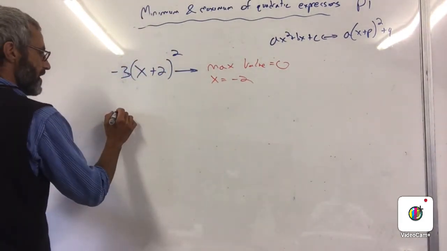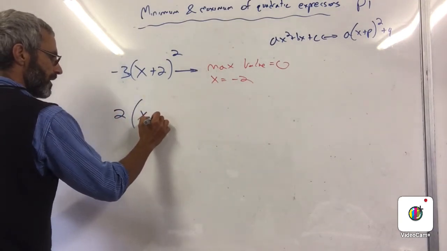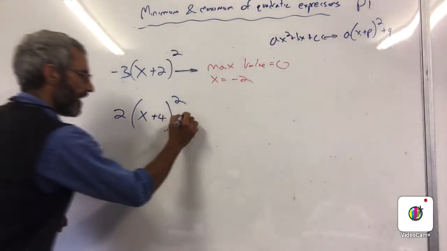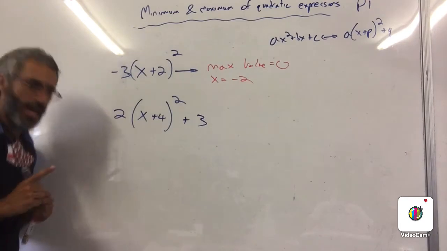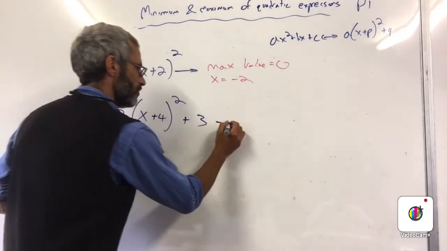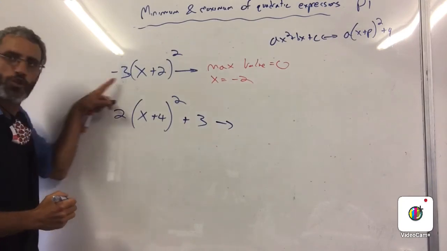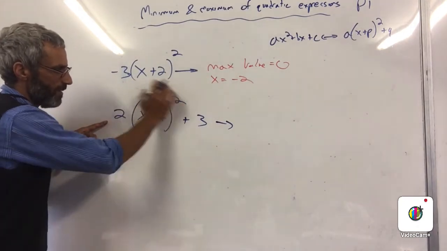So let's say we'll put 2x plus 4 squared plus 3. Right, first of all, maximum or minimum? It's minimum, because this is always going to be a positive number.